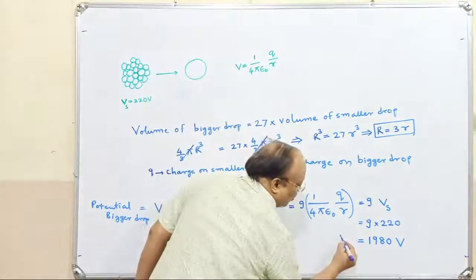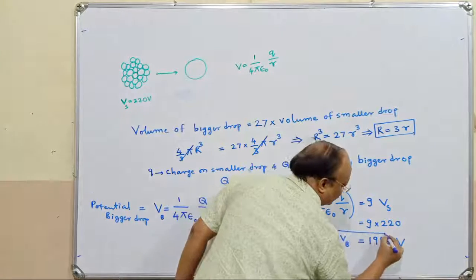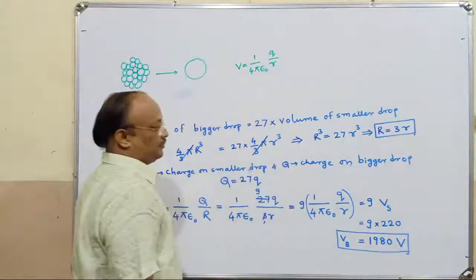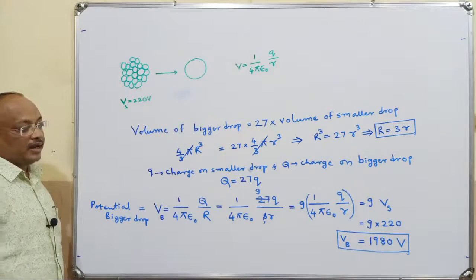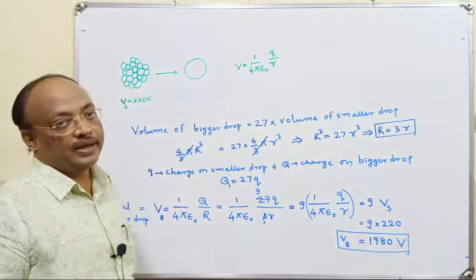So the potential of the bigger drop is 1980 volt.